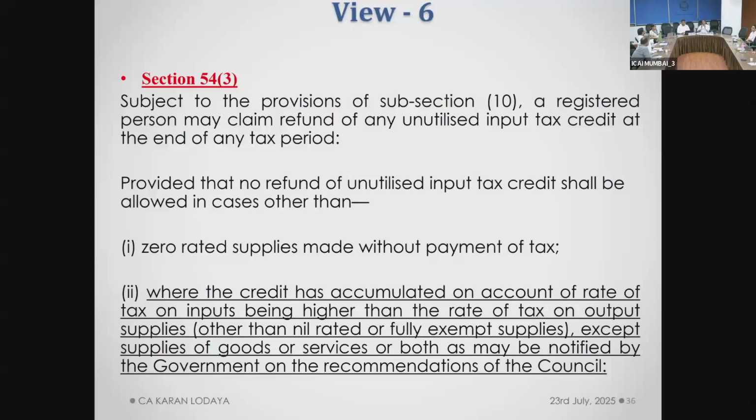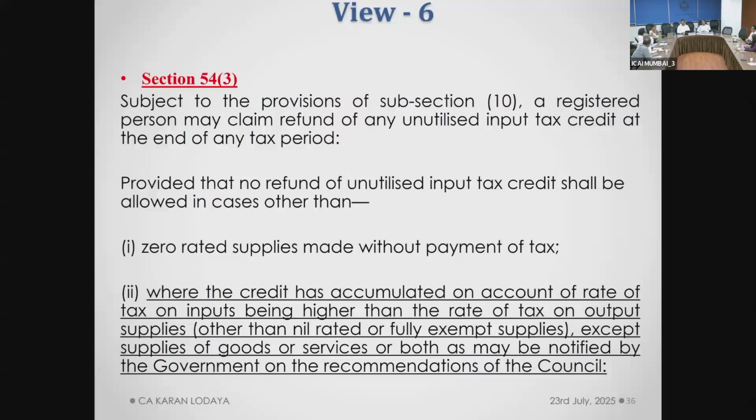There will be a balance of 18% and your output is 12%. So normally, if my rate would not have reduced from 18 to 12, there would be no case of accumulation. But because my rate is reduced and output is 12, purchase even though not made on the same day or the same period, prior purchase, but that was at a higher rate. So can I argue this accumulation is on account of inverted rate? That is the only reason for accumulation.